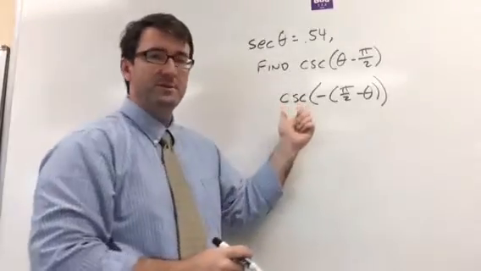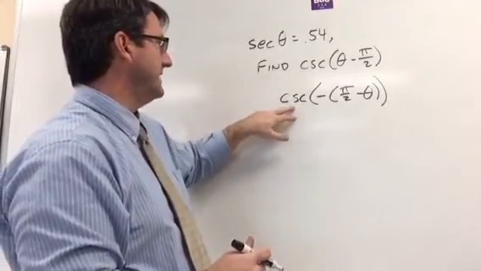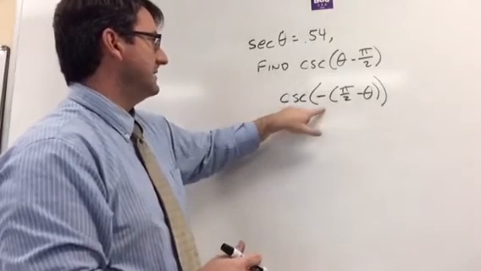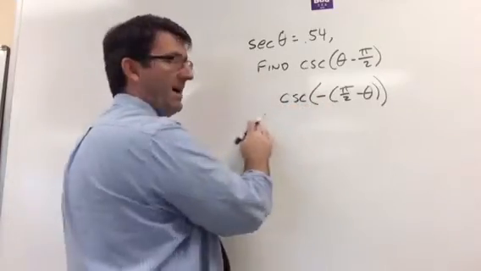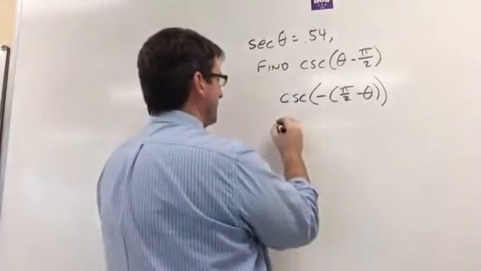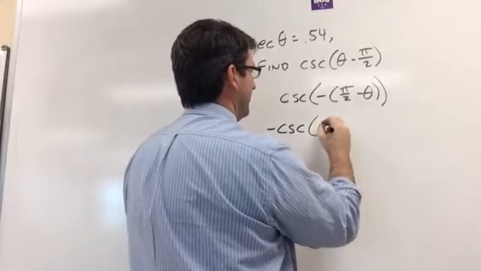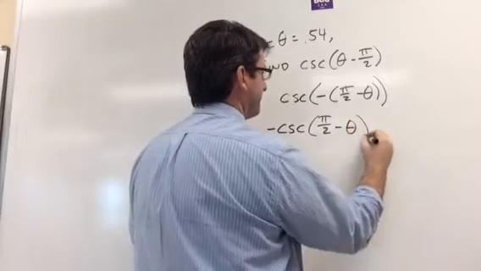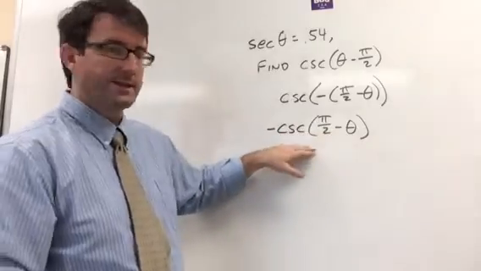And then we have to use our even and odd identities. So cosecant is an odd function, and so what we can do is bring this negative out front. So this is going to be negative cosecant of pi over 2 minus theta. Now we have one of our identities.